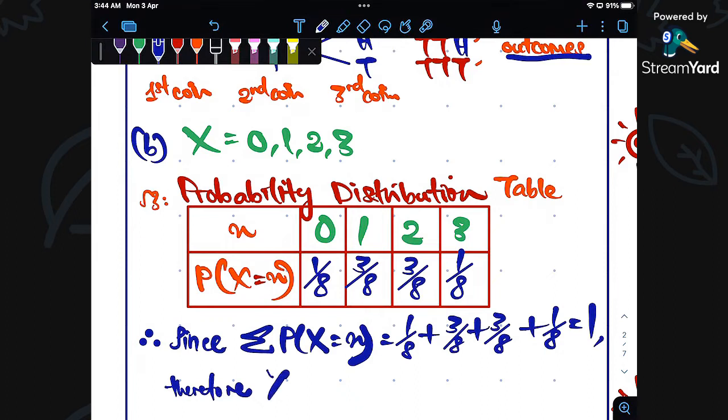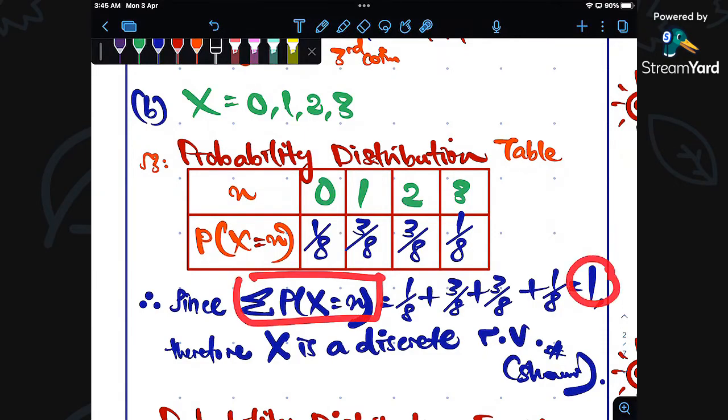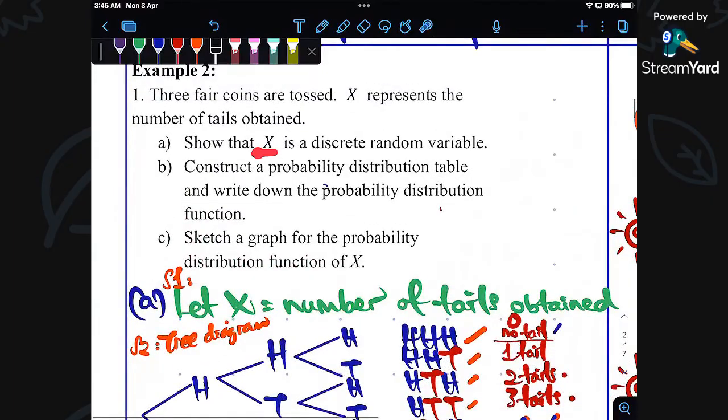Therefore, the random variable x is a discrete random variable. That's it. You have shown it. You can put the word shown there. That is how you show the total probability is equal to 1 when they ask you to show that x is a discrete random variable.